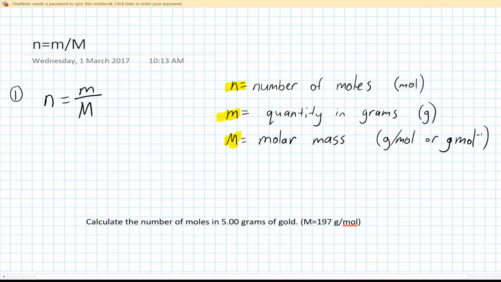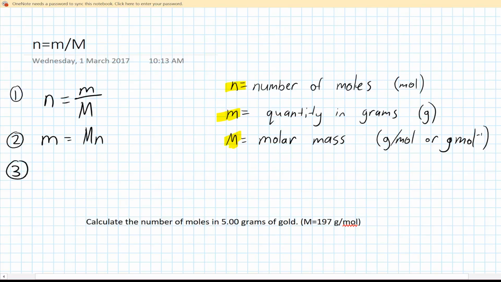Now, we can also use this formula to figure out some other things if we do a bit of rearranging. So first of all, we can use this formula to figure out the mass that a certain amount of moles will have. And we do that by multiplying by capital M, and we'll get the mass is equal to the molar mass multiplied by the number of moles.